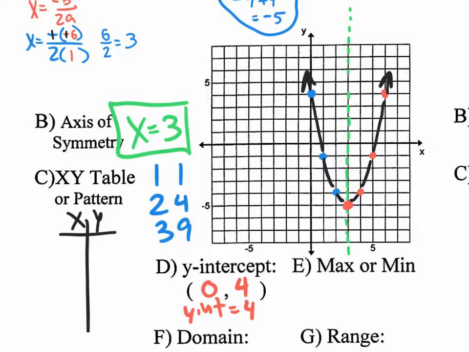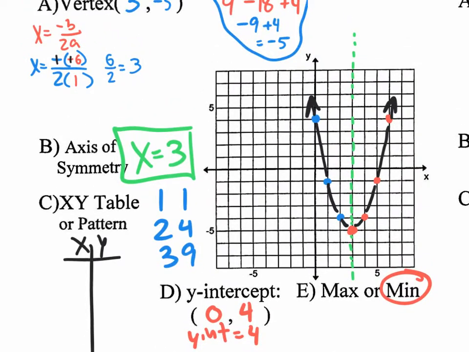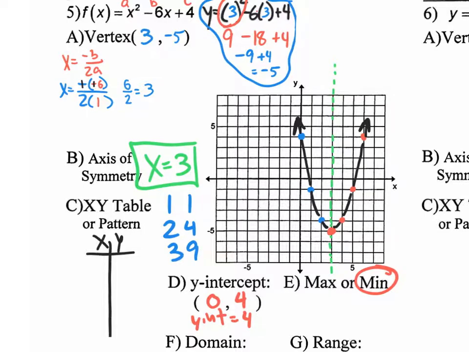Now, do we have a max value or a min value? That's a min value, so circle it, you get the point right there. Okay. Now, just to reiterate, what is the minimum value? You could either give me the location of the vertex. So if they asked you what is the min value, you could say that the min value is at 3, -5.